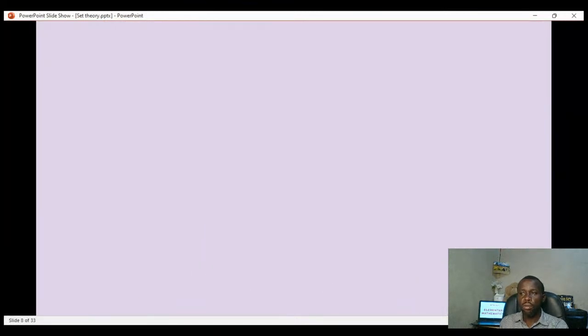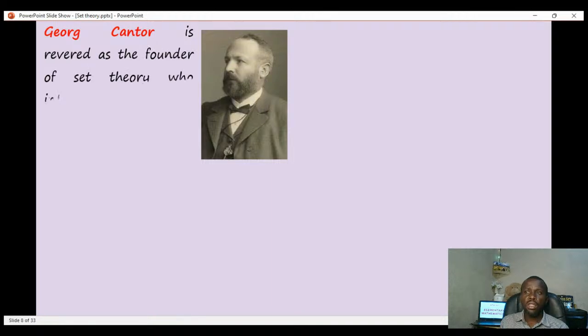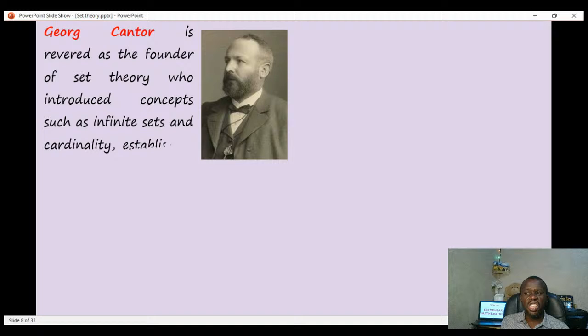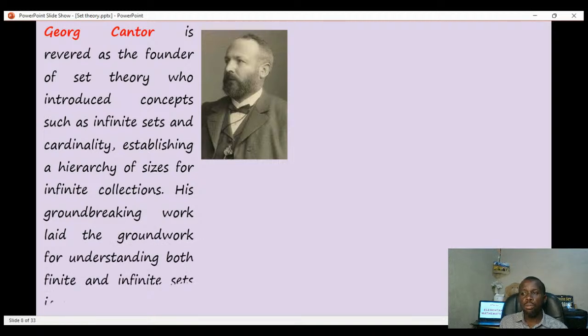We have George Cantor, who is regarded as the founder of set theory, who introduced concepts such as infinite sets and cardinality, establishing a hierarchy of sizes for infinite collections. His groundbreaking work laid the groundwork for understanding both finite and infinite sets in a rigorous context.